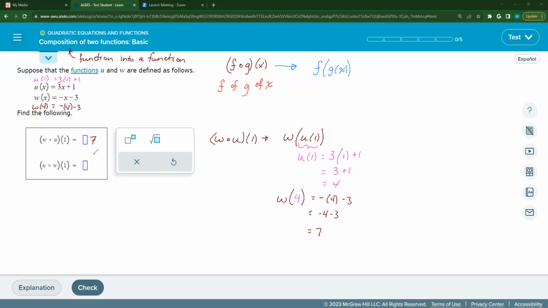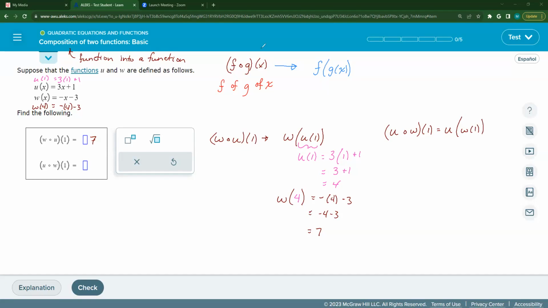And then I'm going to do U of W of 1. Just because I changed the order, I could get the same number, but I probably won't. So we're going to do this the same way. This is U of W of 1. So that is going to be U, bigger parentheses, W of 1.